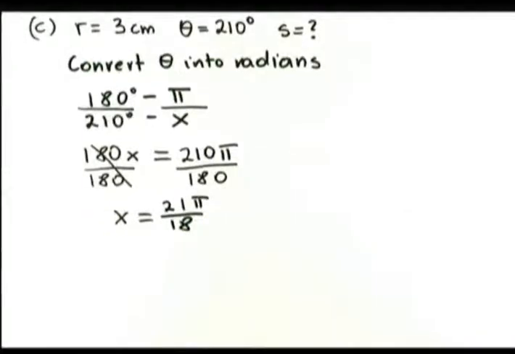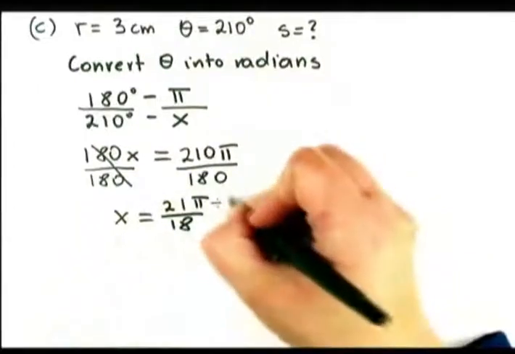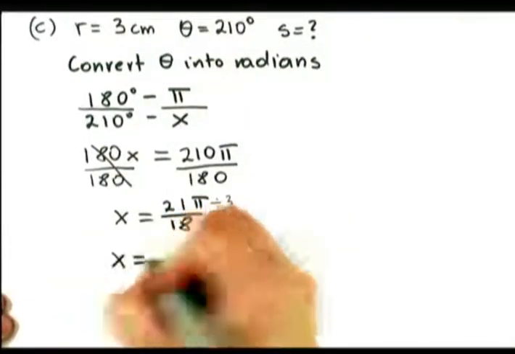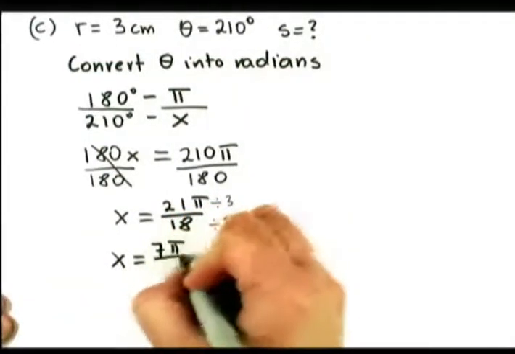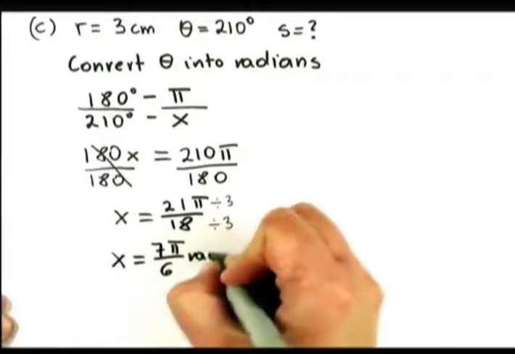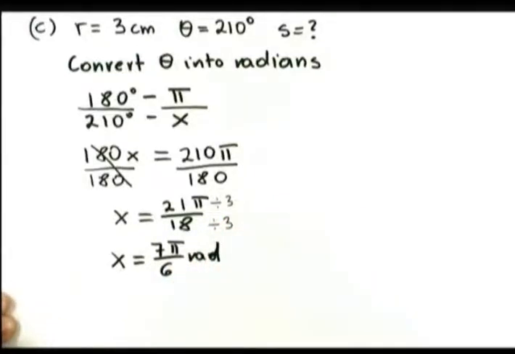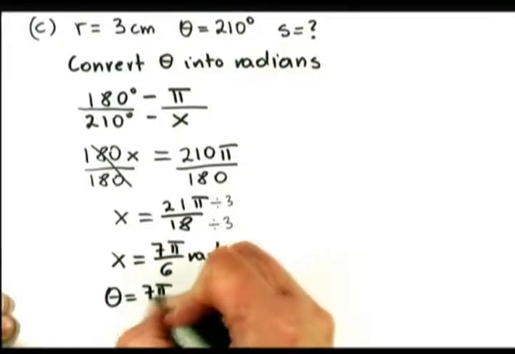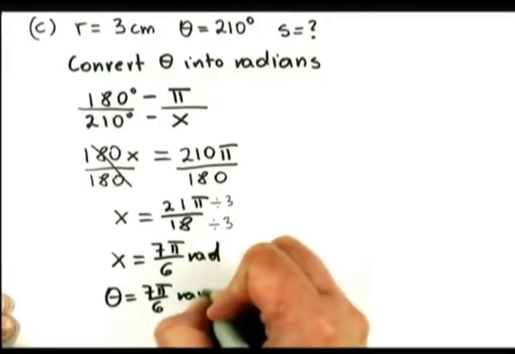And 21 pi over 18 we can divide by 3. So we get that x is equal to 7 pi over 6 radians. So my theta is 7 pi over 6 radians.